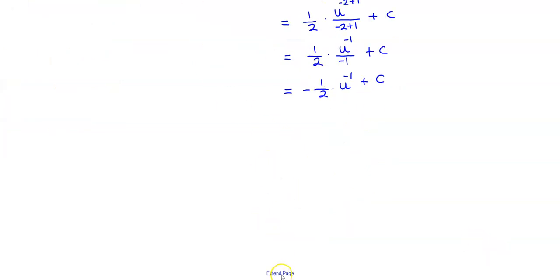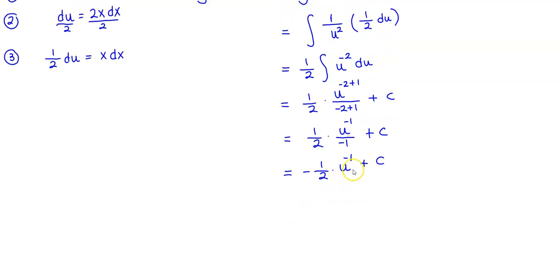Okay, and then what do we know about u to the negative 1? Well, to make that a positive exponent, this is going to be negative 1 over 2 times 1 over u plus c. So therefore, we end up getting negative 1 over the denominator, which is 2 times u, plus c.